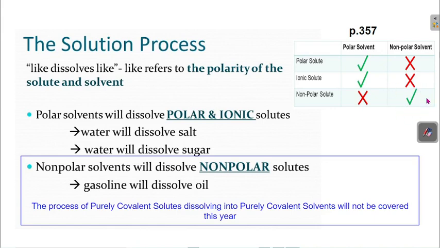We're going to talk about it like non-polar solutes dissolve non-polar solvents, like oil and gasoline will dissolve one another. But we're not going to go into the why that happens in this course. If you take advanced chemistry next year, you can learn how it happens.